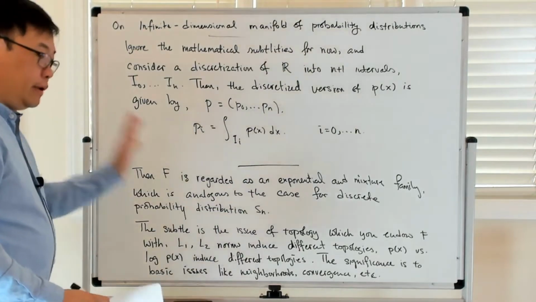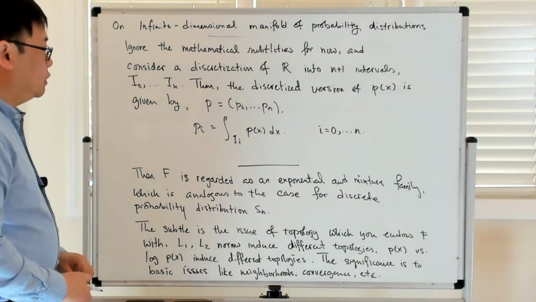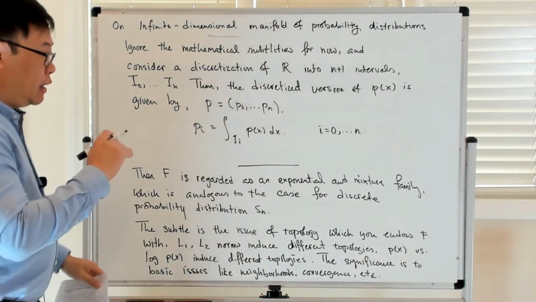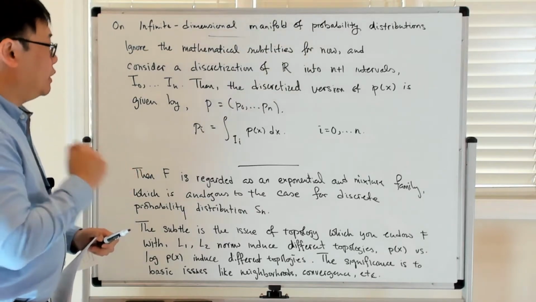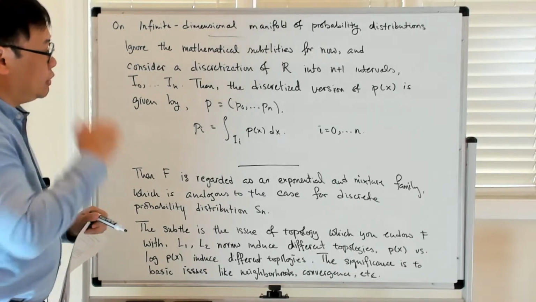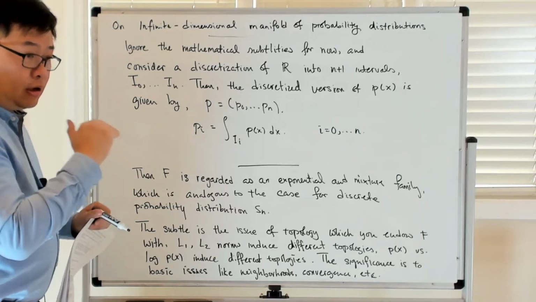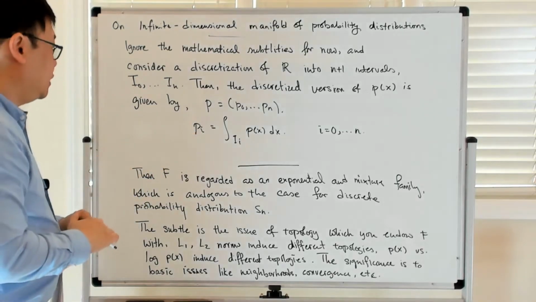So one way to think about this is that you've replaced this probability distribution by a finite linear combination of characteristic functions, right? Sort of piecewise constant pieces.